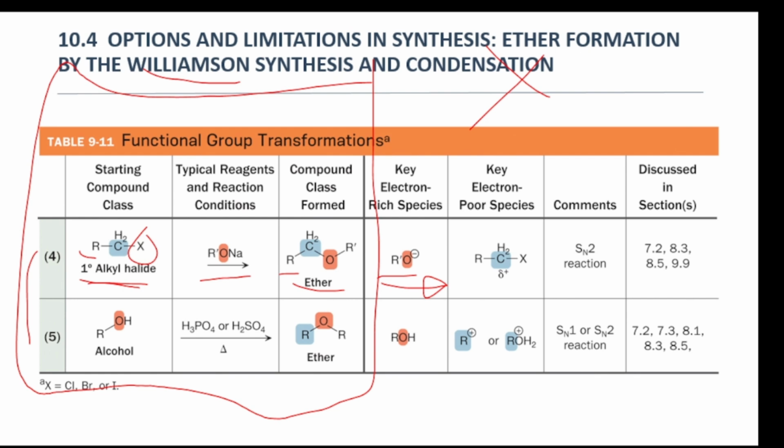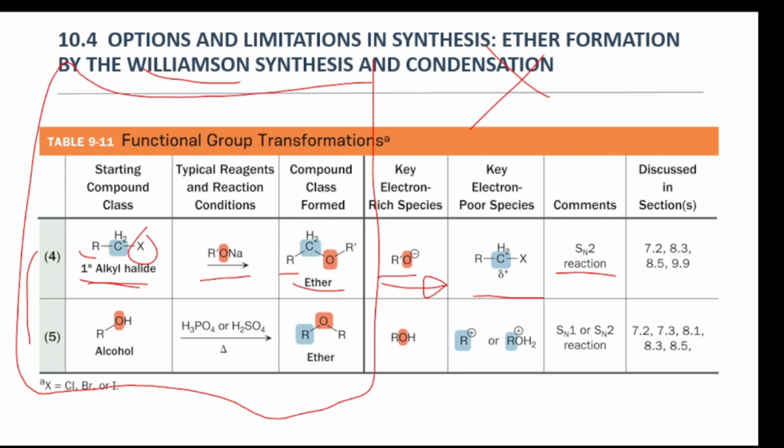This tells you things like, will this work well with aprotic solvents and protic solvents, which is part of the stuff we've been learning. This over here is the key electron-poor species. And so this tells you things like if you have another functional group that looks like that, this is going to attack those. This is the type of reaction right here, the SN2 reaction, the elementary step that is most important here.